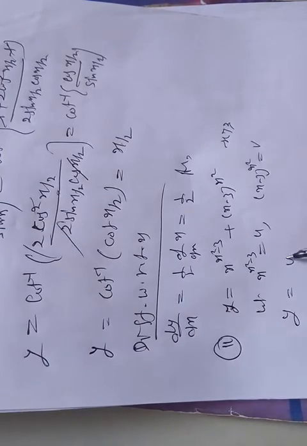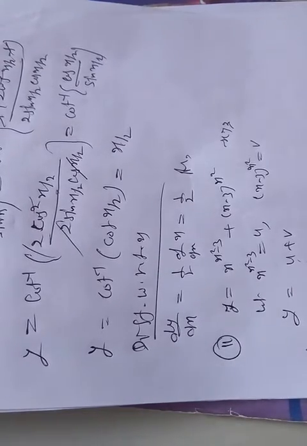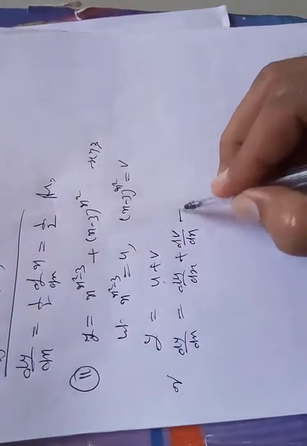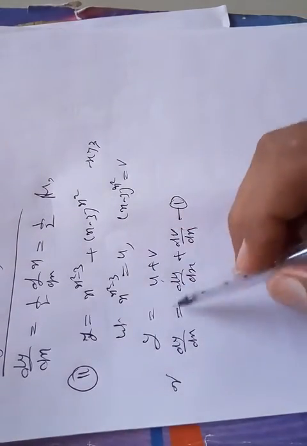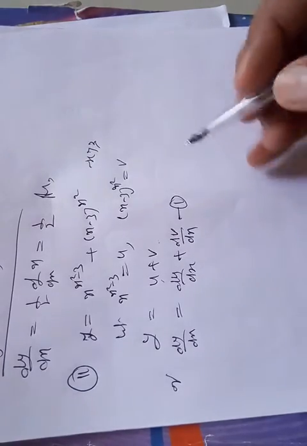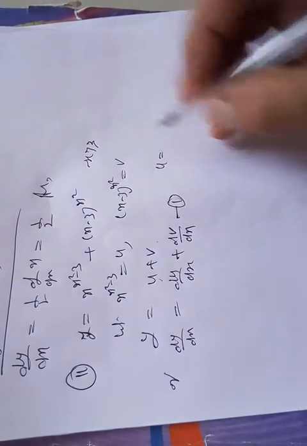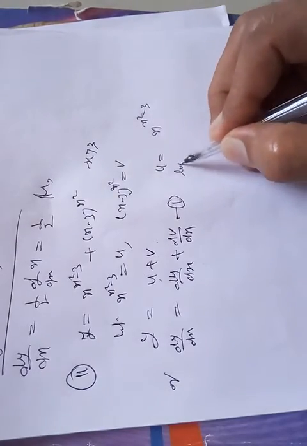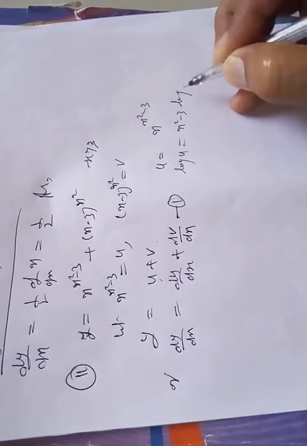Then y equal to u plus v, and the derivative dy/dx equals du/dx plus dv/dx. Now u equal to x raised to (x square minus 3). Taking log on both sides, log u equal to (x square minus 3) log x.